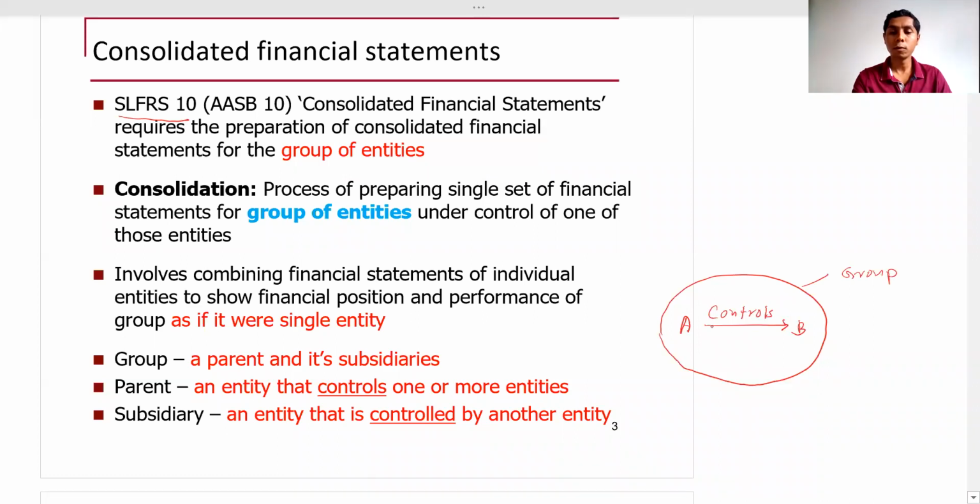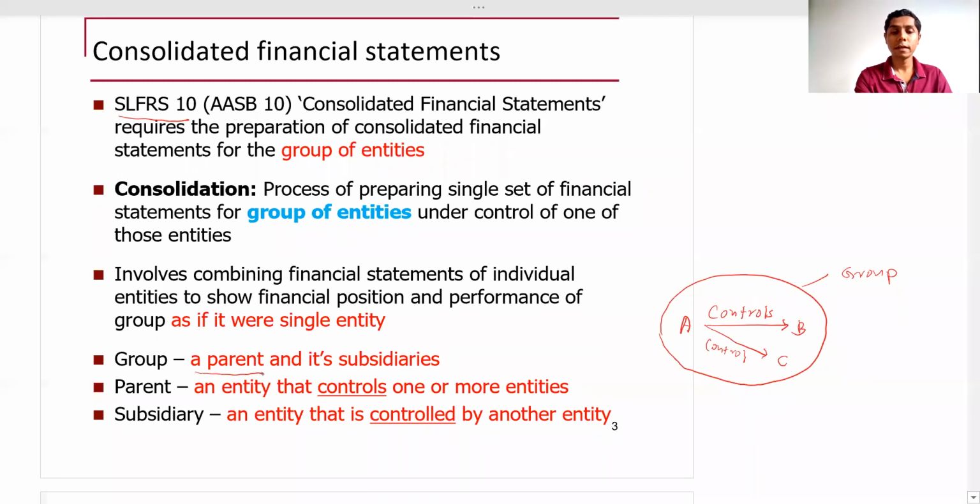එක parent කෙනෙකුට can have more than one children. Therefore a parent company can have more than one subsidiary company. Say C, again control. Therefore, group is what?